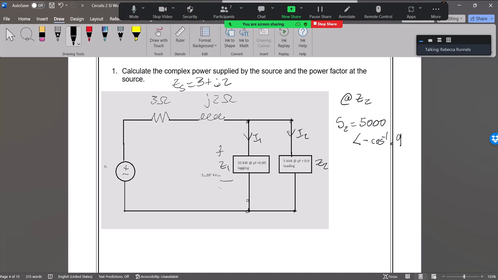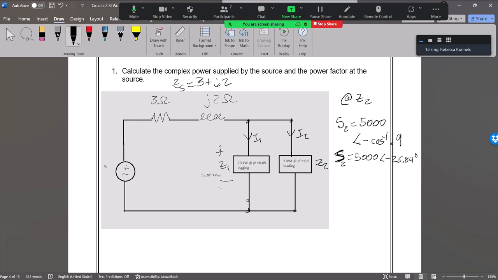To save time, I'm not going to show you any of the calculations that I already have done, but if anybody wants to check them, that would be very useful because, if you've spent any time with me, I make lots of calculation errors. So I get that the power for impedance 2 is 5,000 angle negative 25.84 degrees.